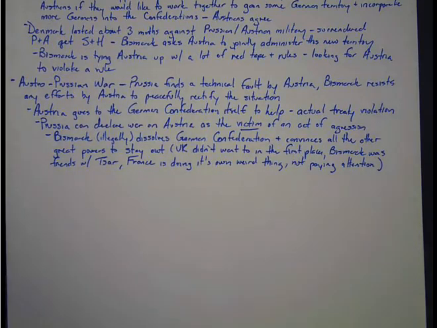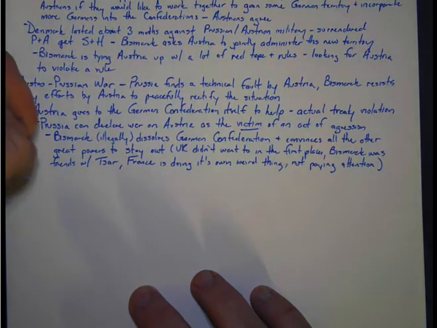So Bismarck has isolated Austria. Nobody is really getting involved to help them. And so now Austria and Prussia can finally have this war that's been building for quite a while. The war didn't last long.